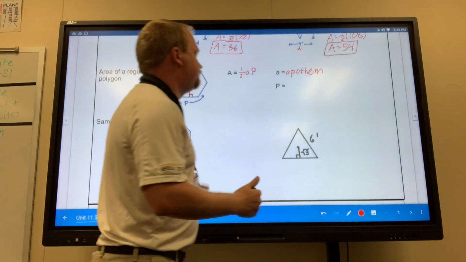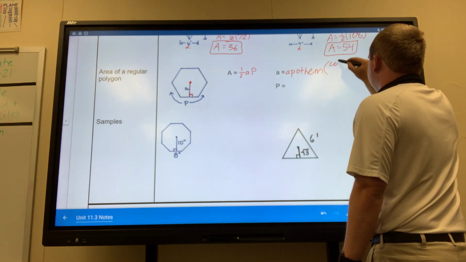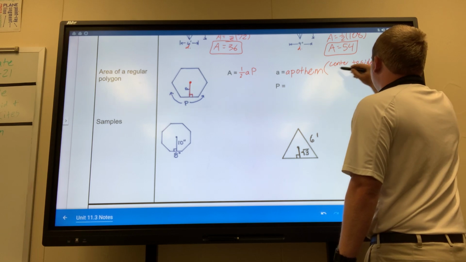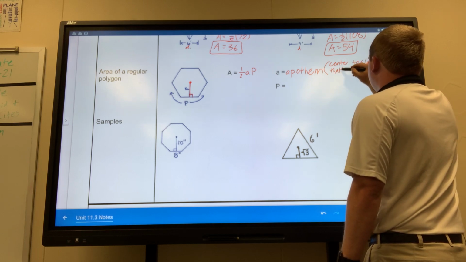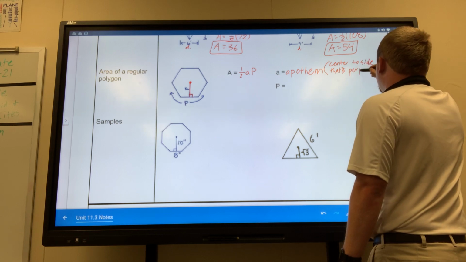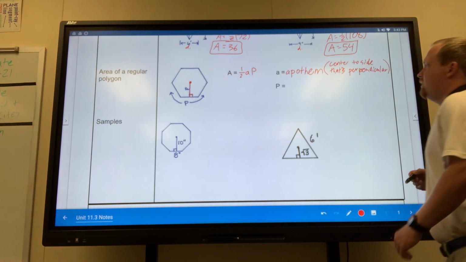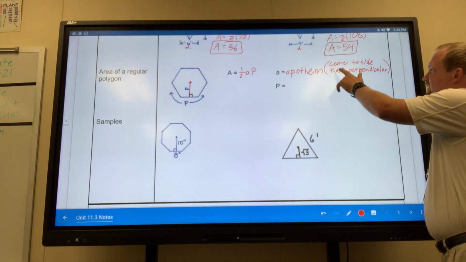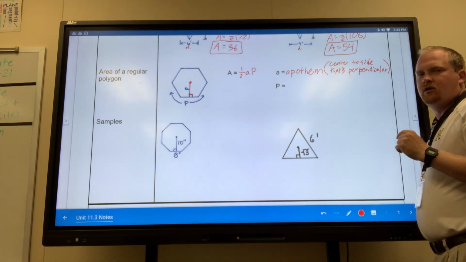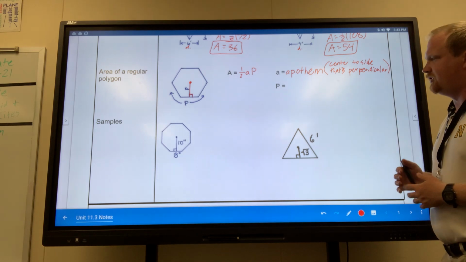That's the biggest key. Okay, so if we write this out, center to side, that's perpendicular. That's the biggest key right here. It's the center to the side that's perpendicular. All right. Now, as long as it is perpendicular, okay, that's important.